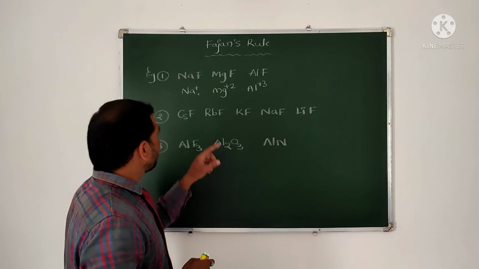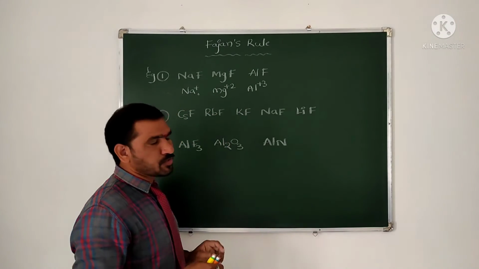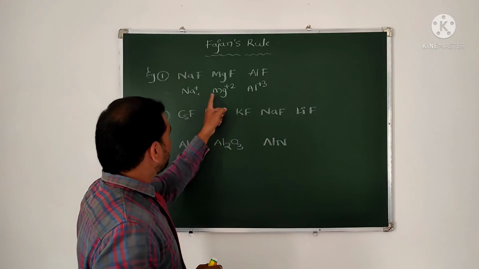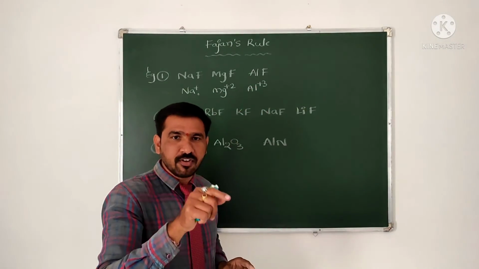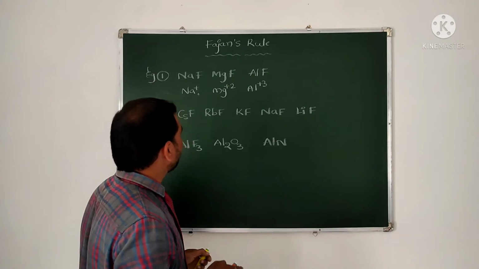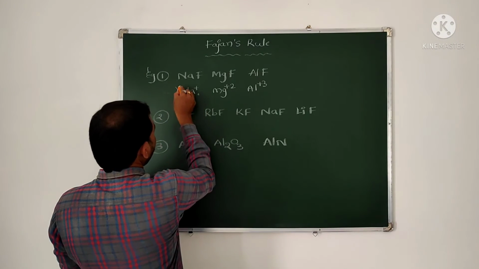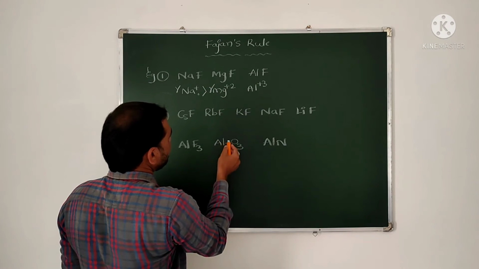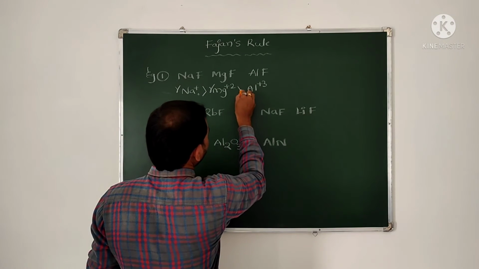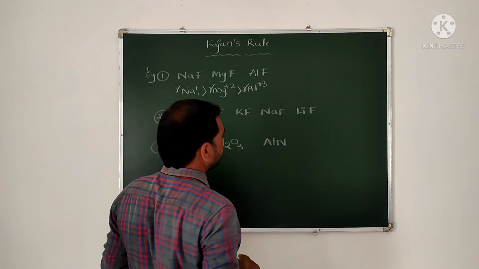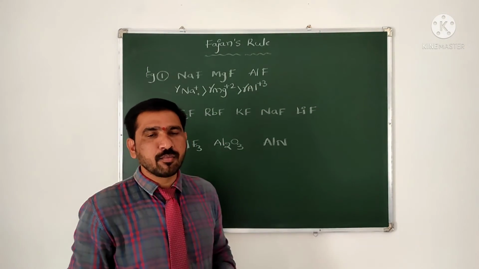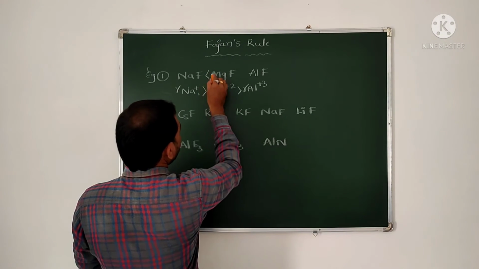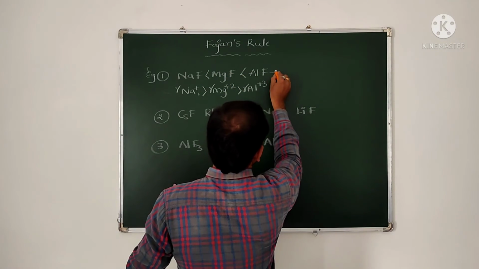Left to right, charge increases, size decreases. So the radius of Na plus is greater than Mg plus 2, which is greater than Al plus 3. Smaller size, more covalent character. So this is the order explaining covalent character.